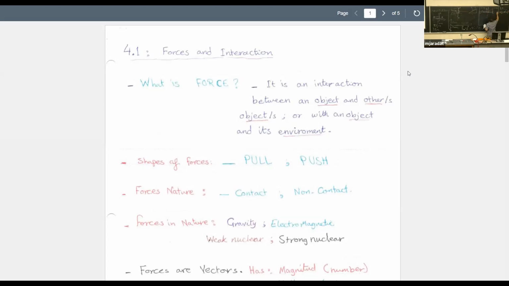All of this will be equal to the total forces in the Y direction, or the total forces perpendicular to our system, vertical.